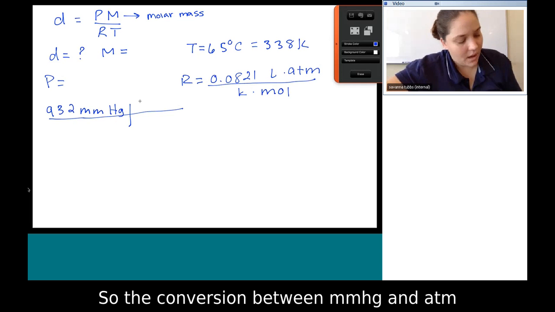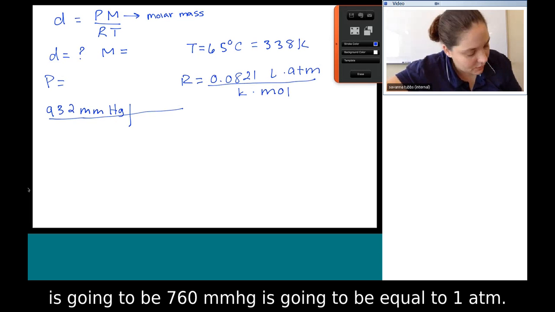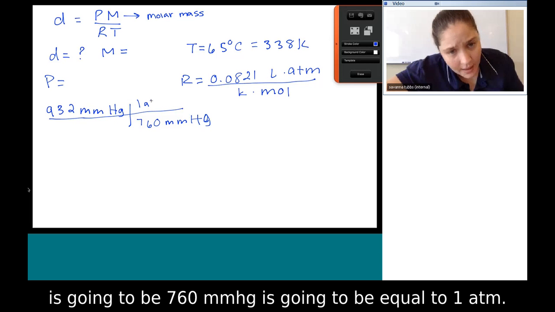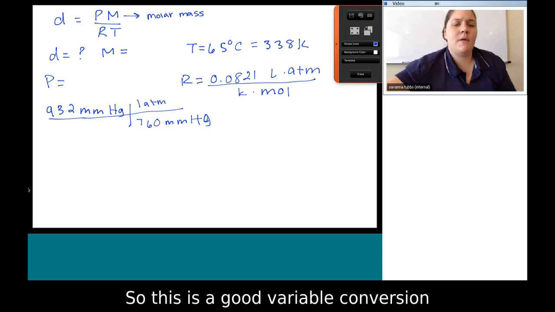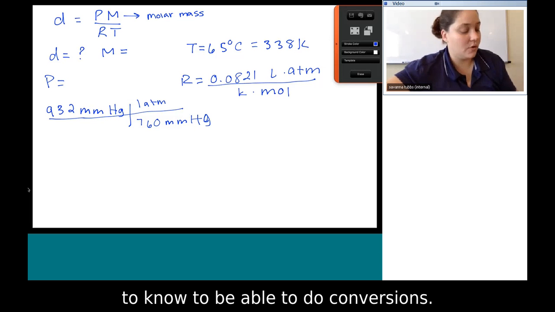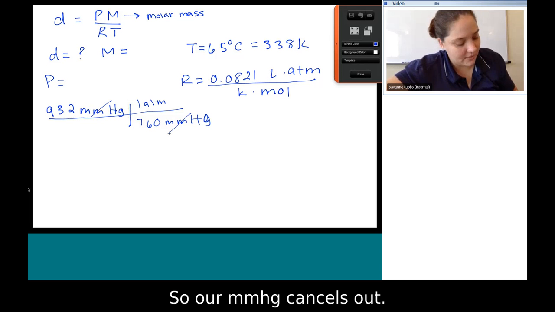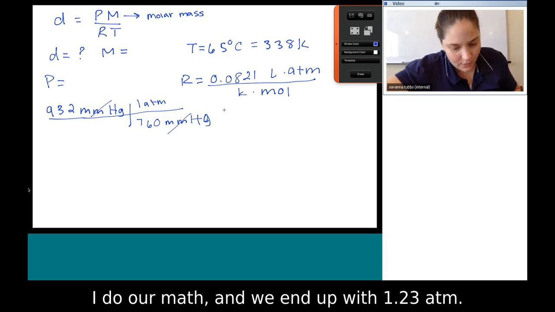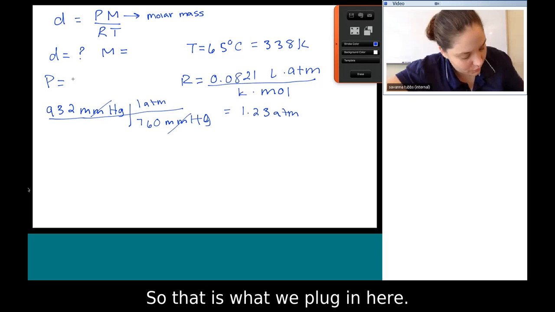So the conversion between mmHg and ATM is going to be 760 mmHg is going to be equal to 1 atm. So this is a good variable conversion to know, to be able to do conversions. So our mmHg cancels out, I do our math, and we end up with 1.23 atm. So that is our pressure, so that is what we plug in here.